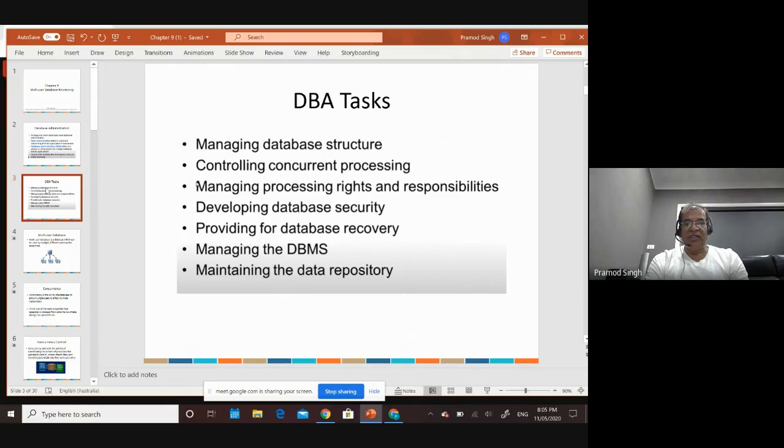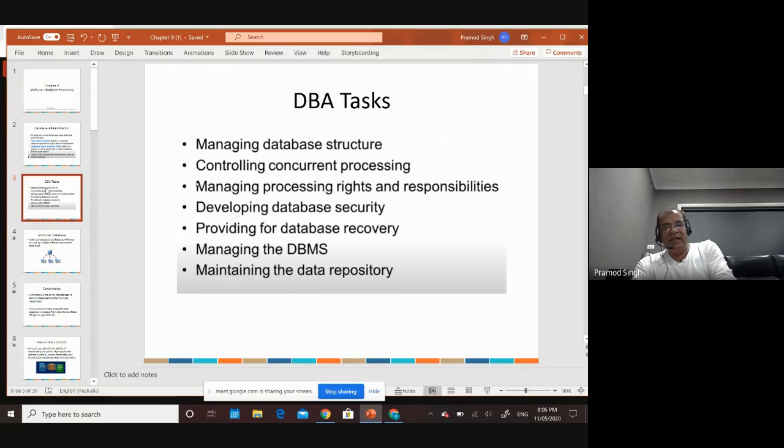That is the responsibility of managing processing rights and responsibilities. Developing database security is another quite important activity these days, when there are a number of attacks from the outside on the database. Backup and recovery is one of the most critical components of any DBA office. They normally take a backup of the database on a regular basis at a certain frequency, whether weekly or daily.